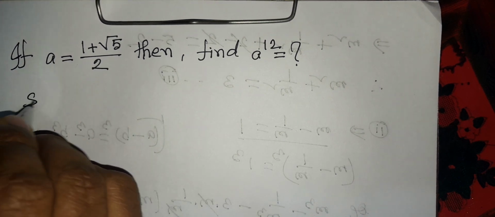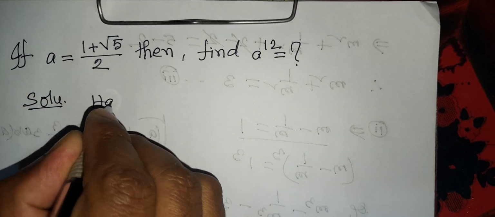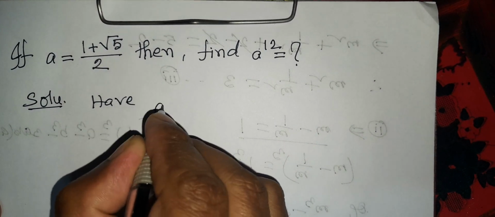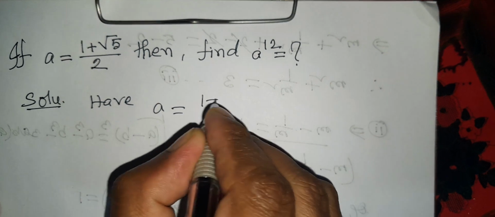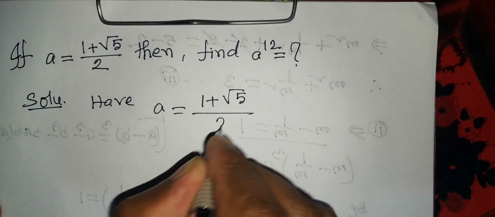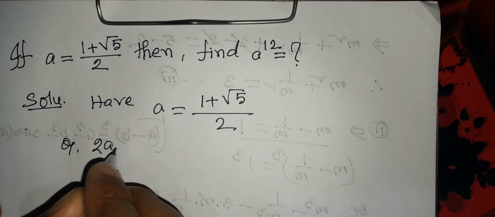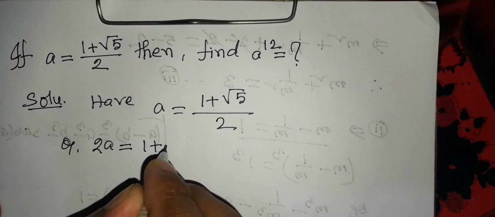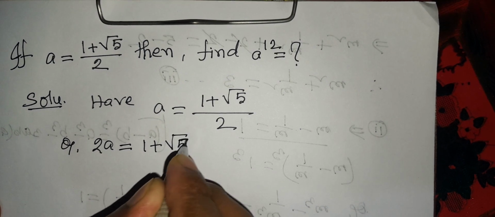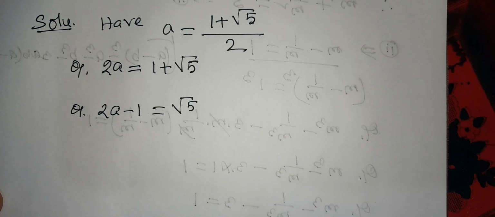We have a is equal to (1 plus root 5) by 2, so we can write 2a is equal to 1 plus root 5. Now 2a minus 1 is equal to root 5.